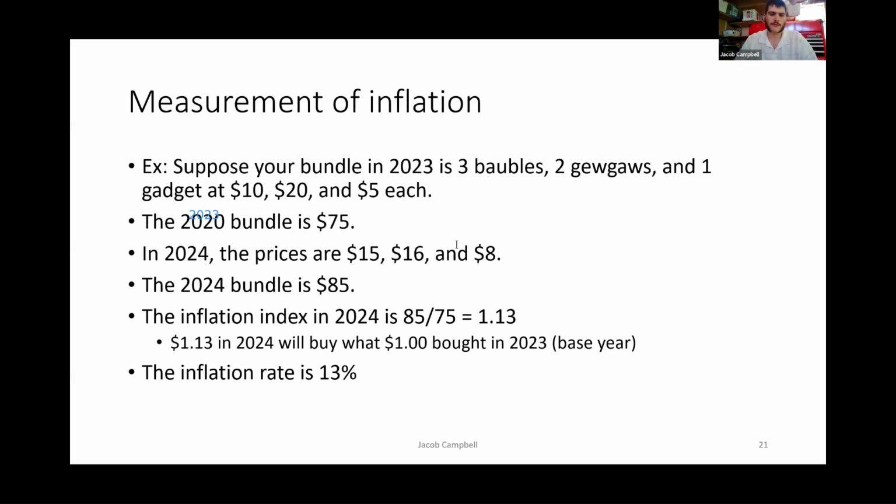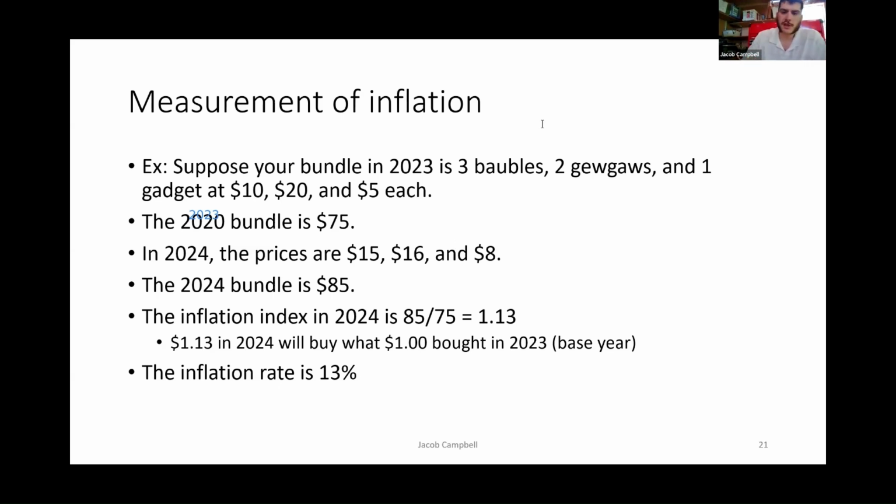In 2024, the prices change. Baubles skyrocket to $15. Gewgaws actually fall to $16, and gadgets go up to $8.